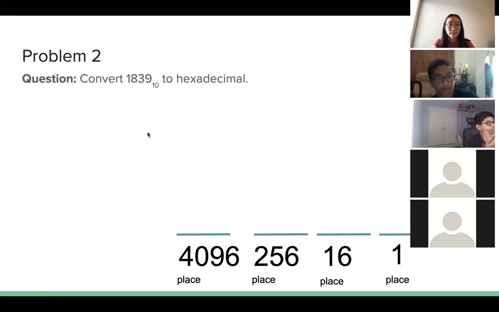Okay, so this one is a little bit different. You have to convert a decimal number, 1,839, into hexadecimal. So basically just look for the largest place and look for how many are going to fit into that place. This one's definitely tricky, but I'll give you guys 3 minutes and see how far you get.